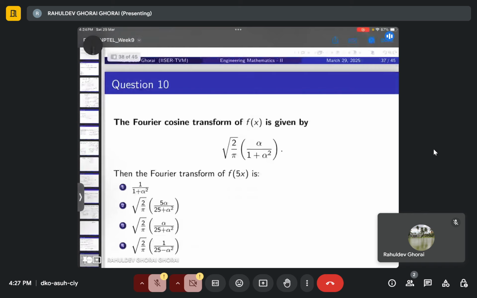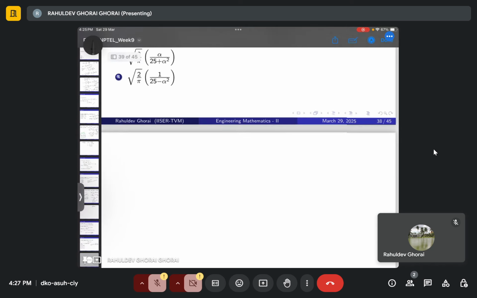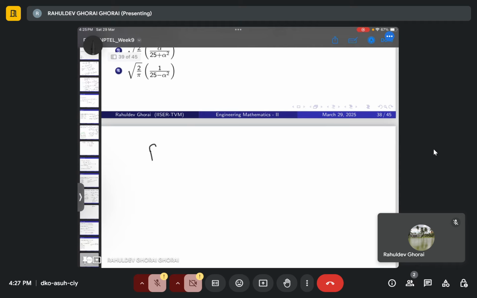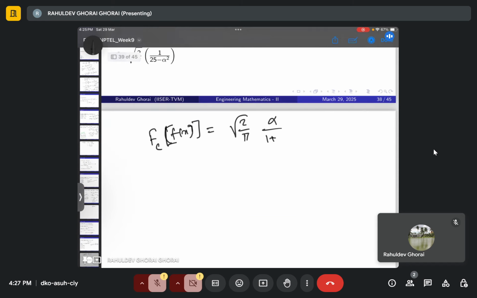The Fourier cosine transform, as we denote it, fc of f(x), is given by square root of 2 over pi times alpha over 1 plus alpha square.